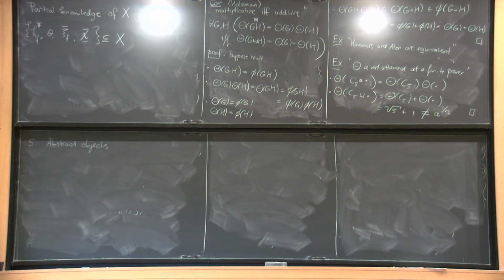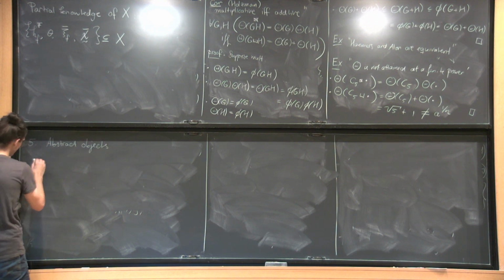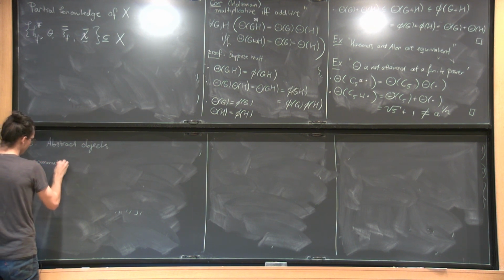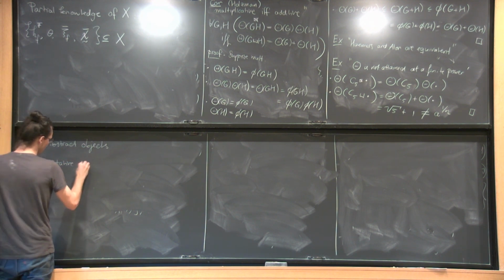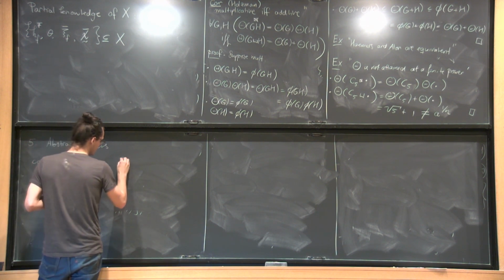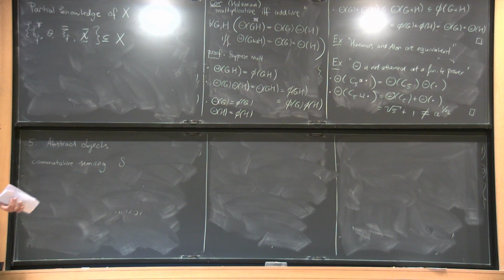Abstract objects. So what we need to start with is something called a commutative semi-ring S. Graphs and tensors and matrices are examples of this. So what do we need?